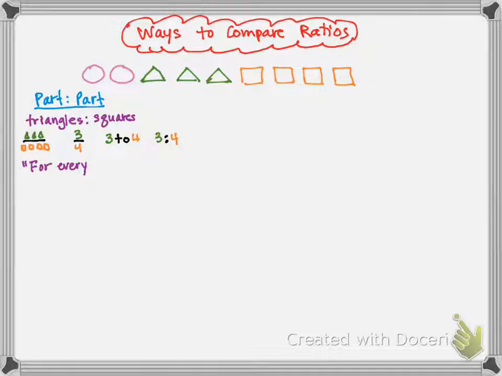So we're going to say for every 3 triangles, there are, and then we're going to talk about the bottom of our ratio, or the second value in the ratio, 4 squares.